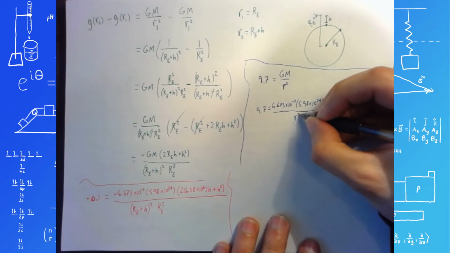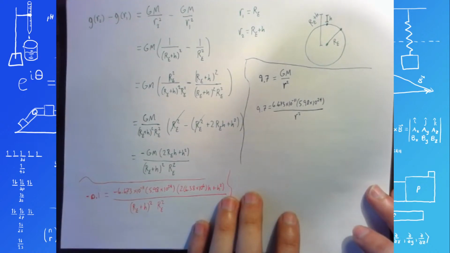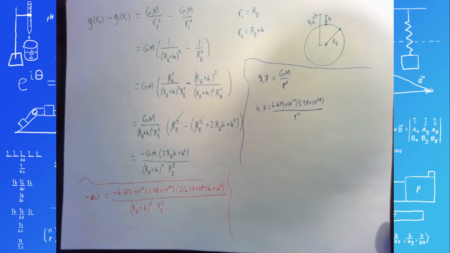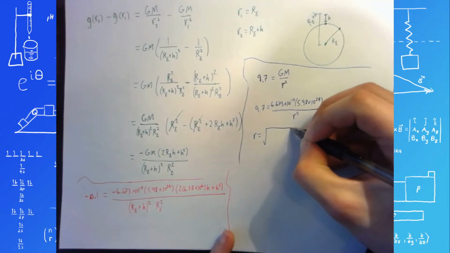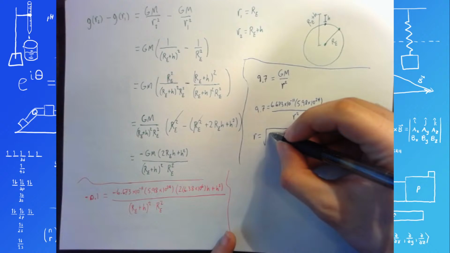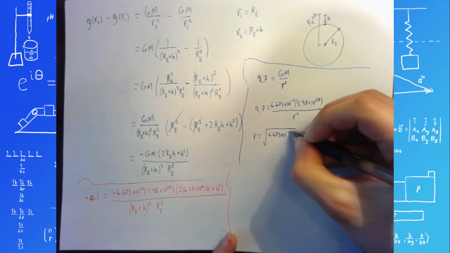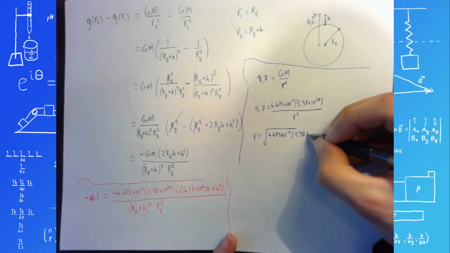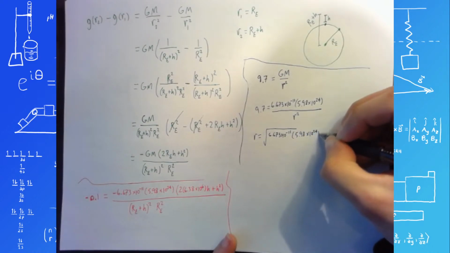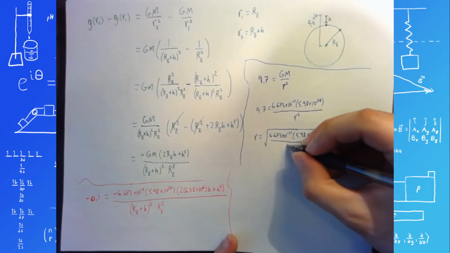And we have to solve for r. So multiply by r squared, divide by 9.7, and take the square root. So r is going to be square root of 6.673 times 10 to the negative 11 times 5.98 times 10 to the 24 over 9.7.